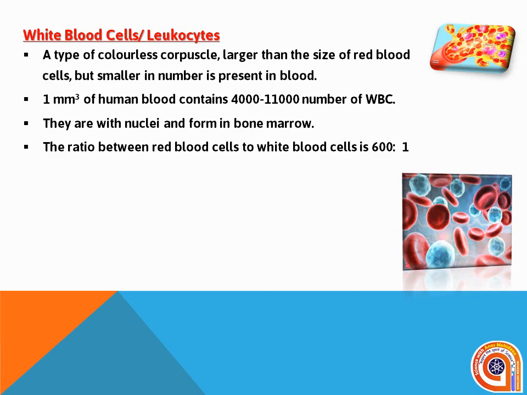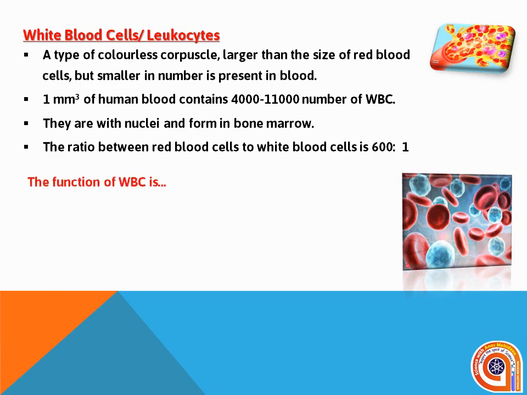Red blood cells are smaller in size than white blood cells, but white blood cells are smaller in number than red blood cells present in blood. And the next one is that white blood cells have a nucleus, but red blood cells do not have a nucleus. So these are the three differences between red blood cells and white blood cells.